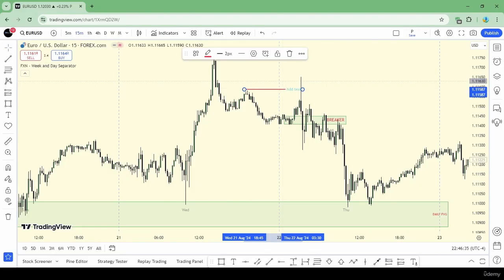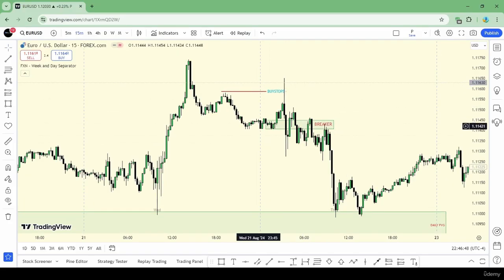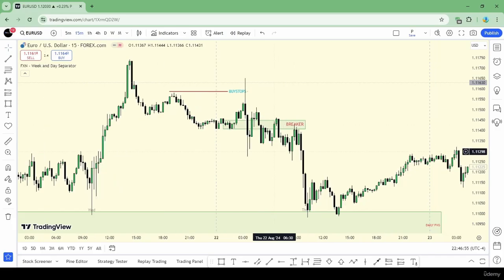Then let me outline it. Buy stops. So you can see that we have run buy stops, then immediately the market confirms a market structure shift here, and as you can see, I have outlined the breaker. So you can remember that I said a breaker in an up move is the last down close candle.